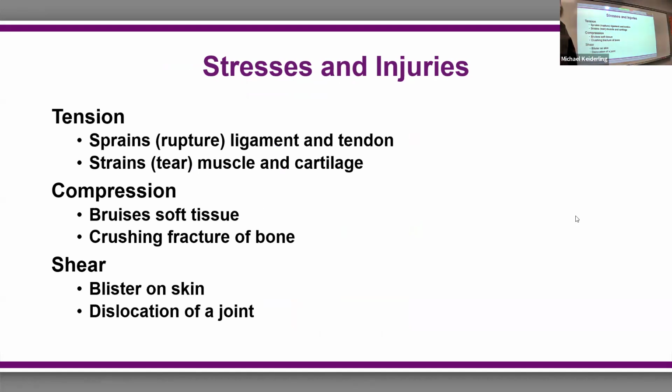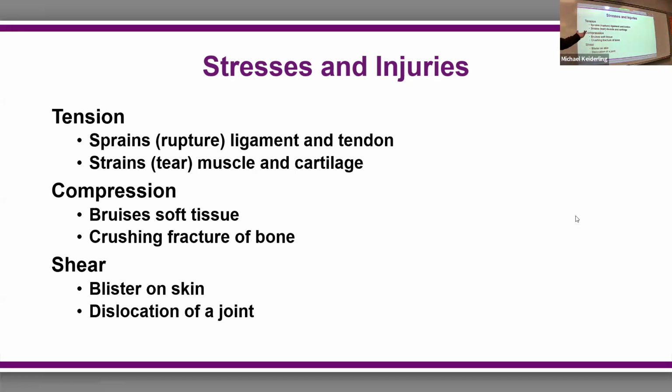So, various sorts of stresses can cause various sorts of injuries. Tensions: you can get a sprain or a rupture of a ligament and tendon. You can get a strain or a tear of muscle and cartilage. Those are tension injuries.